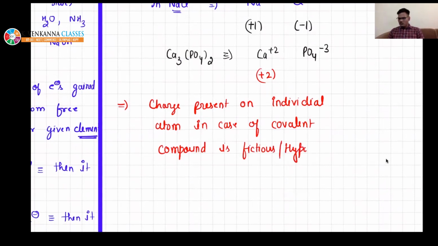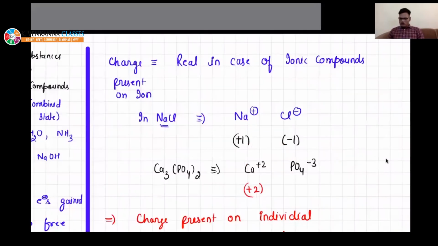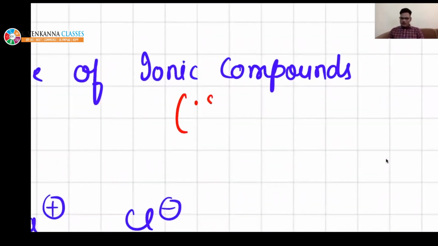I have just given you an idea of how to segregate ionic and covalent. For now, you do not need to worry. Just understand that all salts are considered ionic. Where do you get salts? After the reaction of acid and base.